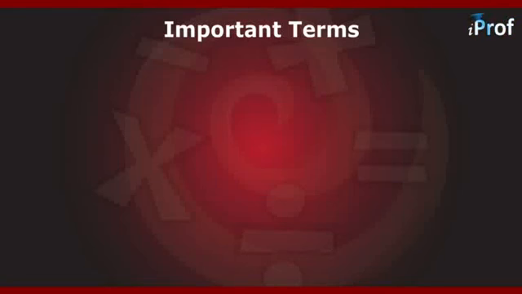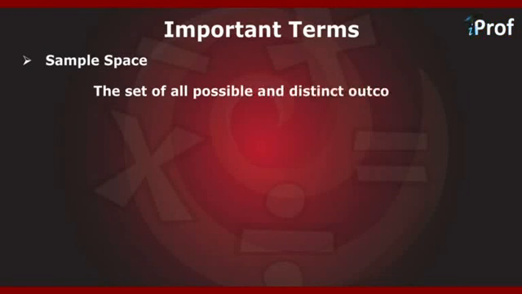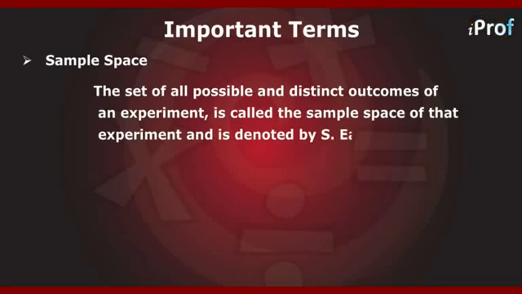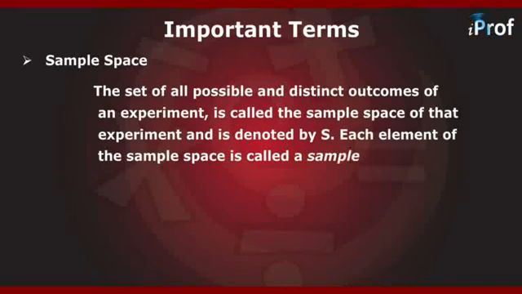The second such term is called the sample space. The set of all possible and distinct outcomes of an experiment is called the sample space of that experiment. It is denoted by S. Each element of the sample space is called a sample point.